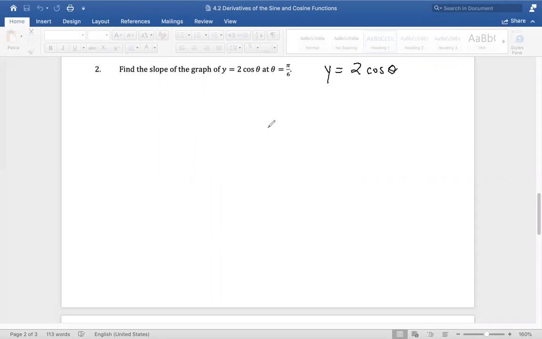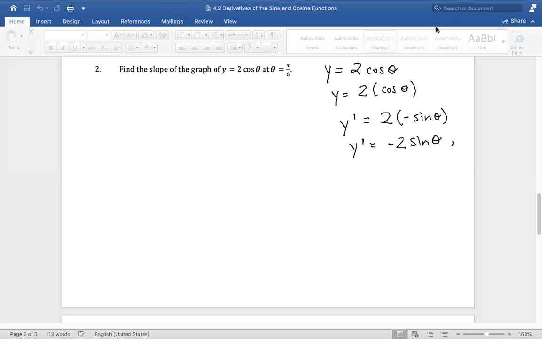So this is set up as a constant multiple. If you wanted to write that out as 2 multiplied by cos of theta, then the derivative of that would be keep the constant, and the derivative of cos is negative sine of theta. So my derivative function is negative 2, put the negative in front, sine of theta.